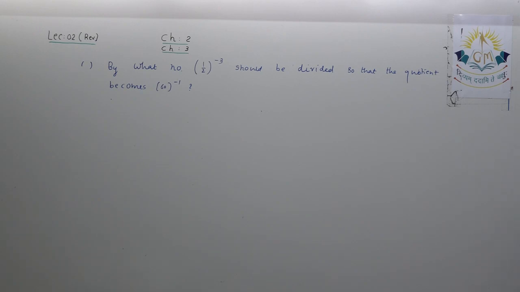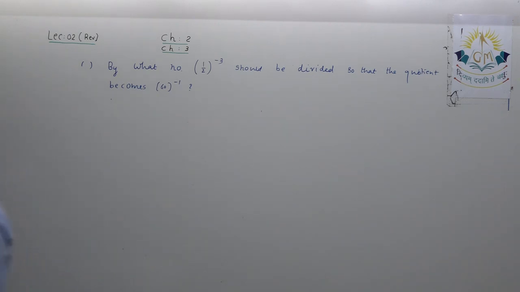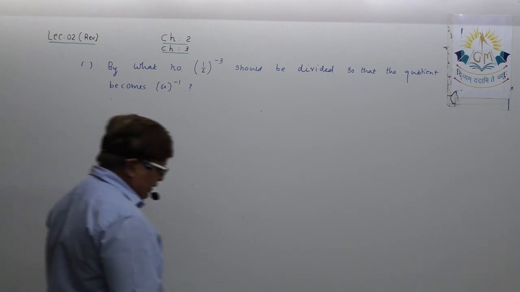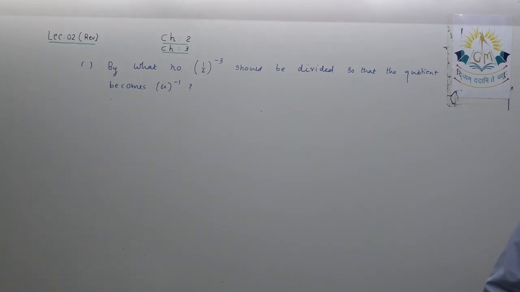Just verify and try to solve in the same way we have done the previous example, where the data was: by what number should it be divided so that the quotient becomes 60 raised to minus 1, with little variation in the data. Otherwise, the example remains the same. Just try to solve.